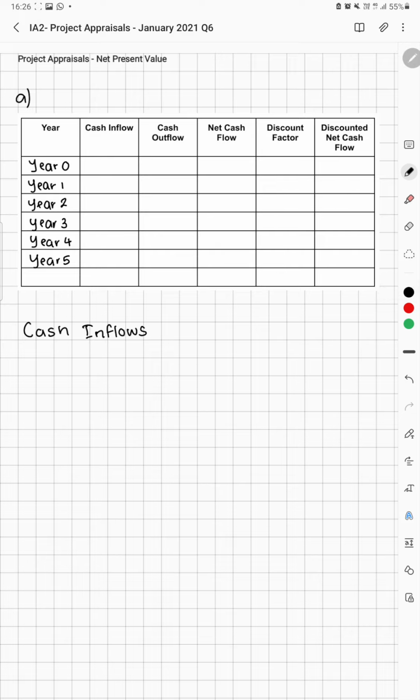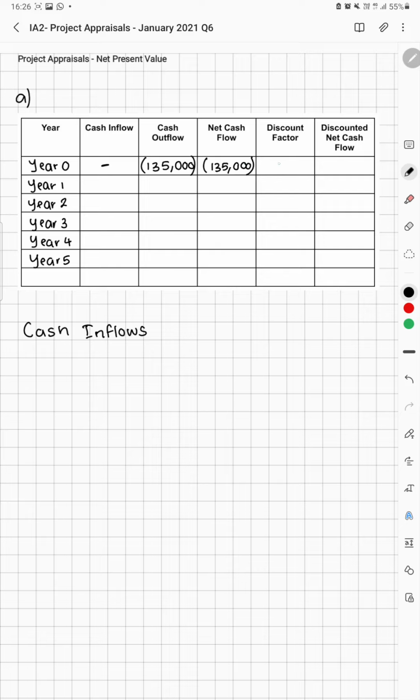Why? Because in year 0, that will be our cash outflow. So the total cost of the project is the cash outflow in year 0. There are no cash inflows in the first year, year 0. We have a cash outflow of 135,000, which gives you a net cash flow of negative 135,000.